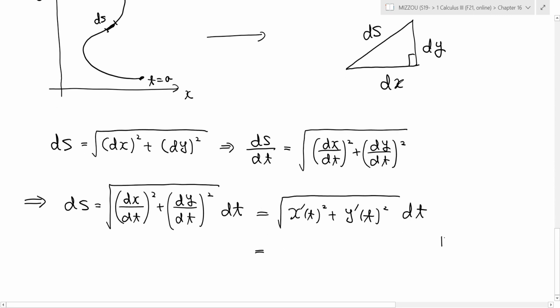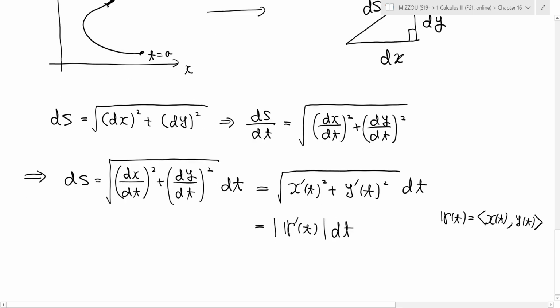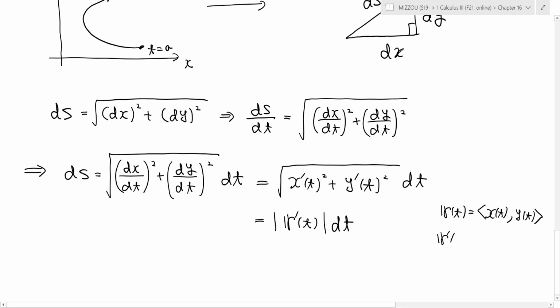R of t is the vector function where x component is x of t, y component is y of t. So this stuff is, after all, the magnitude of the derivative of r of t, right? Because r of t is this, so the derivative is, remember, the derivative of a vector function is just the derivative of each component. So you just differentiate each component like this.